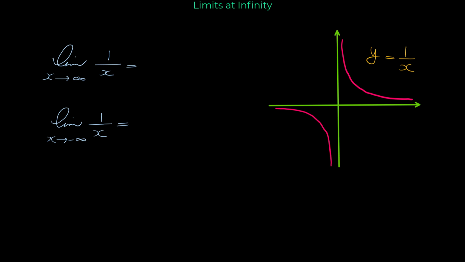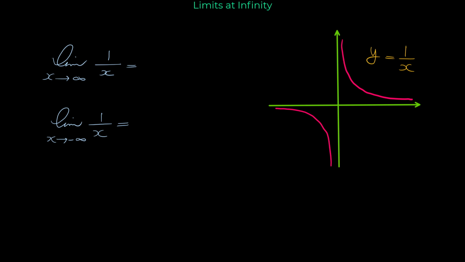Limit at infinity means that x becomes larger and larger. So, maybe it's not a bad idea for finding a limit at infinity to substitute big values for x to see what is the value of the function.